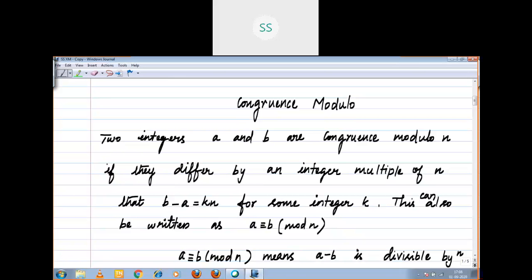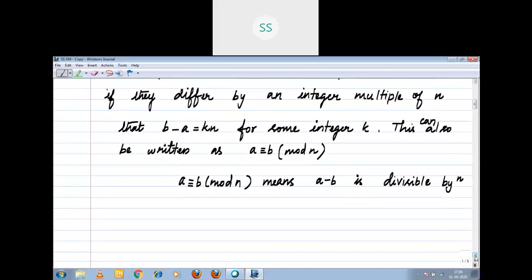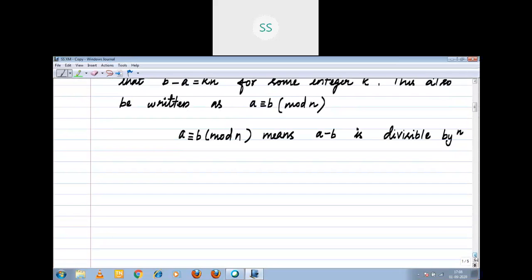Now I will give one example. 65 congruent to 5 modulo 12. Got it? What does it mean?